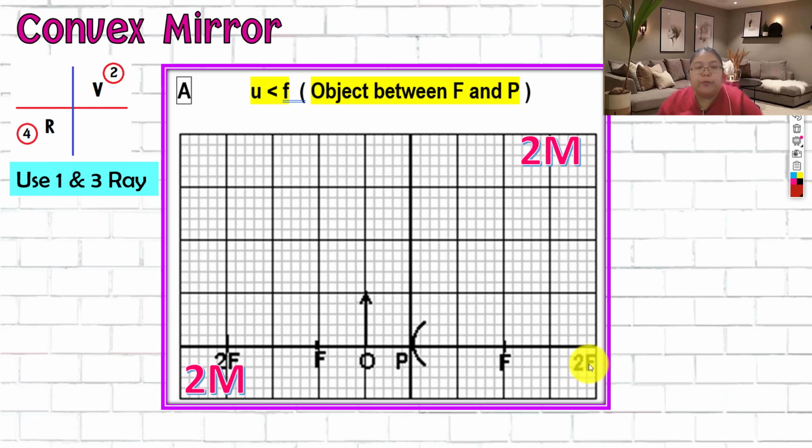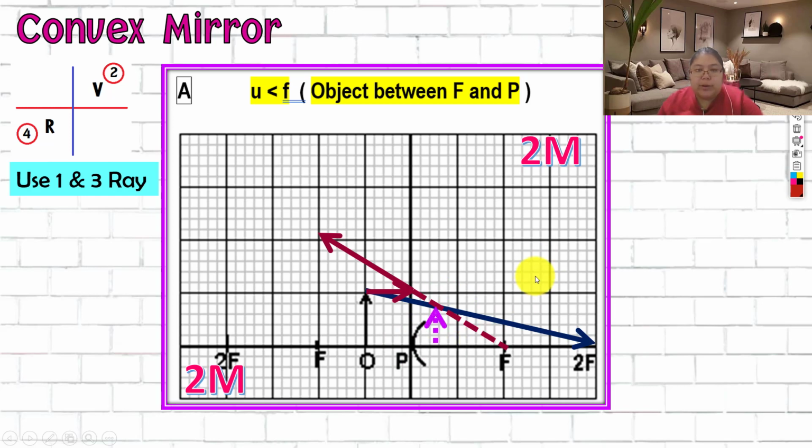So we go to prove this one. First ray, we go to the F, then it diverts. After that we go to the third ray, we go to the 2F, to C, then straight toward C. So can you see the focus here? When the focus is here, we draw from the horizontal line, the arrow is up.